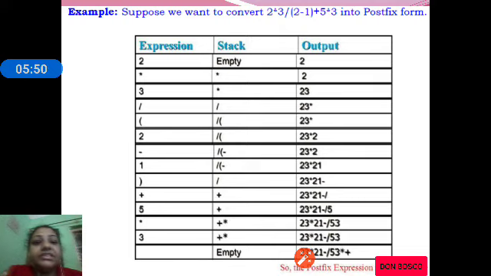The next scanned symbol is asterisk, that is star, multiplication. As it is an operator, it will be pushed onto the operator stack. The next scanned symbol is 3. 3 is an operand, so it directly goes to the output or the result.